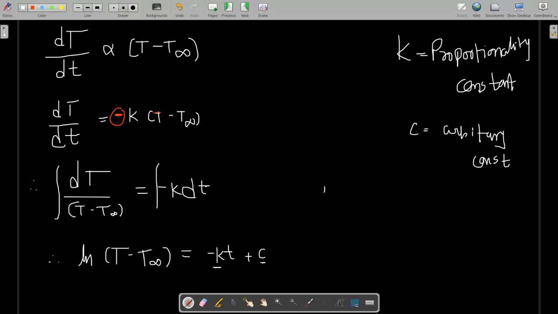Which two boundary conditions? Initially, when time is 0, t is equal to 0 minutes, the initial temperature was 60 degrees.